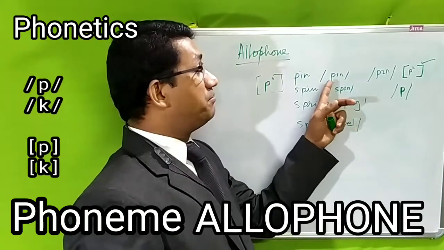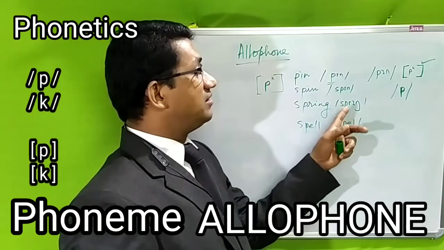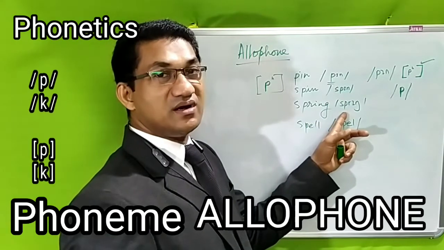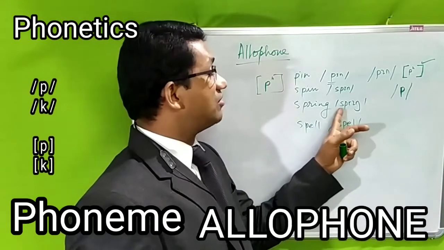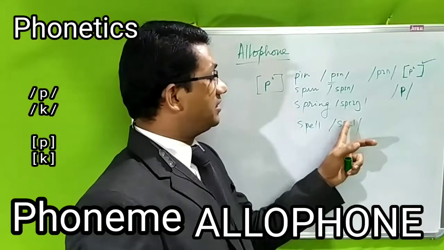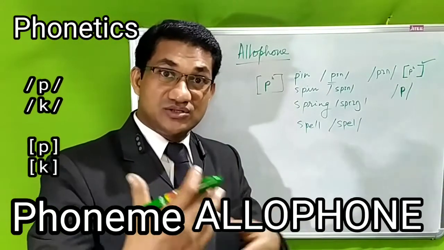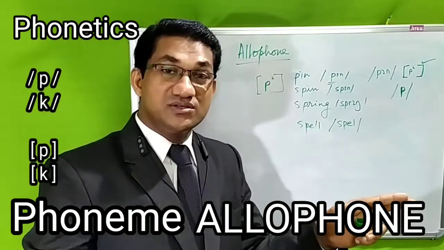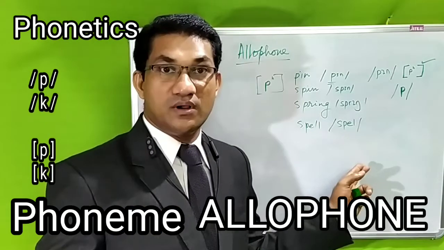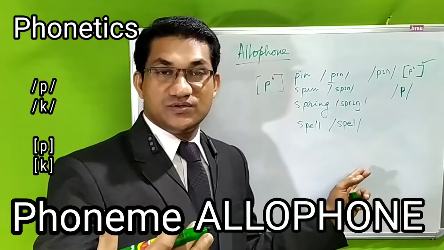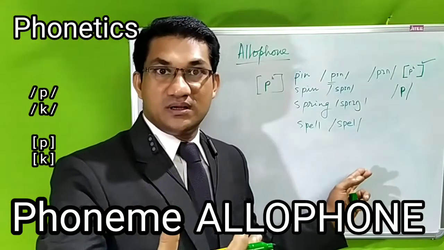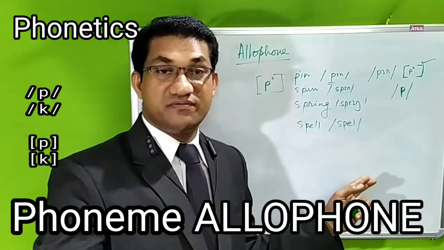This p in pin, spin, spring, and this one, spring, the p is again different because of the sound nearby. Spell is again different. So different variations of the same phoneme is known as allophone, from word to word, phoneme to phoneme.